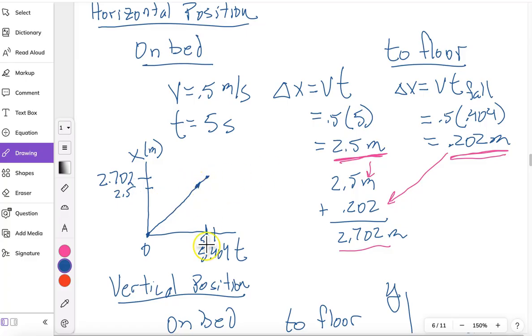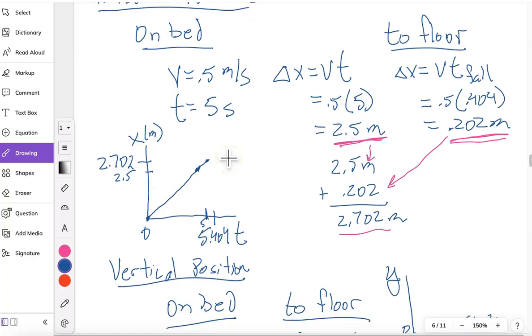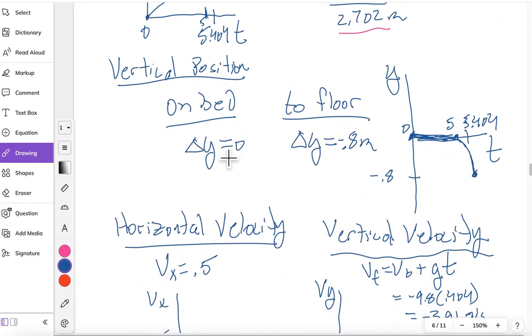And then we go another 0.404 seconds, because remember, that's how long it took to fall. And that's another 0.202 meters. So from here to here is 0.202 meters. So I'm going to add the 2, and I end up at 2.702 right here.